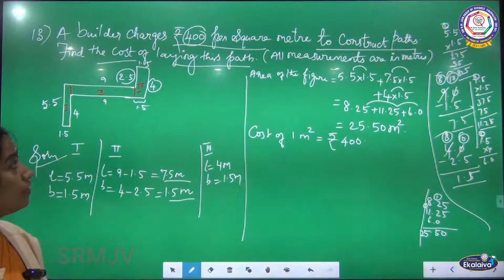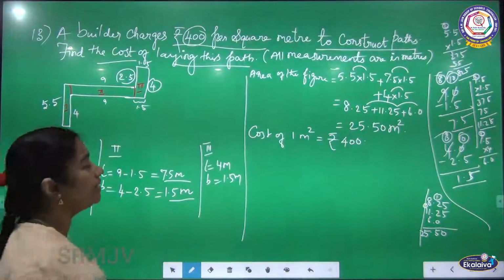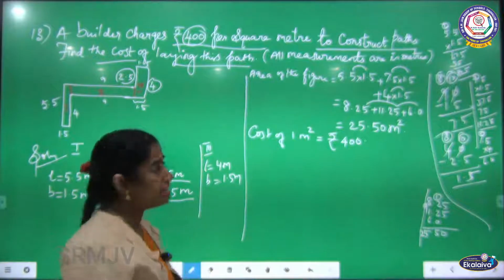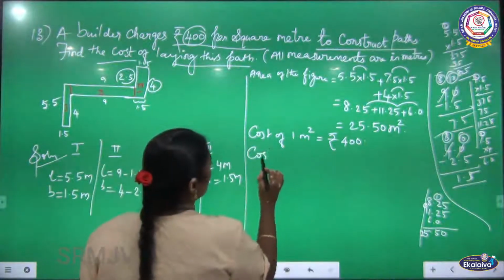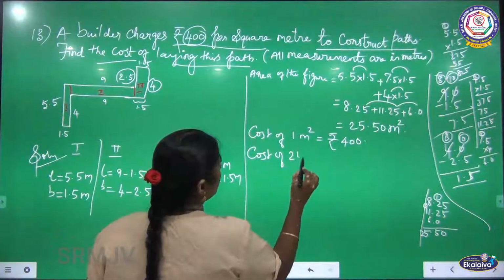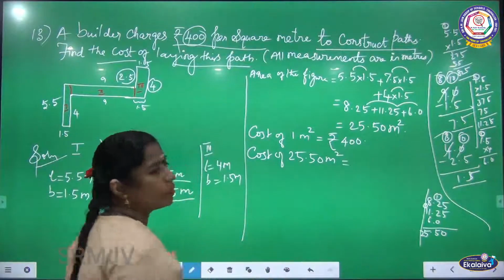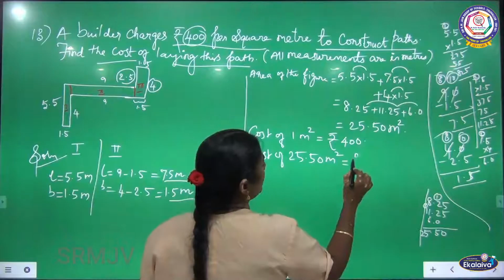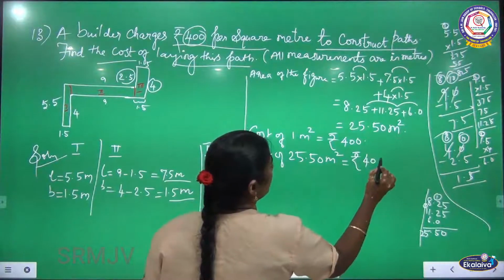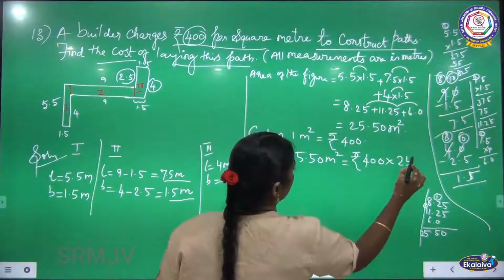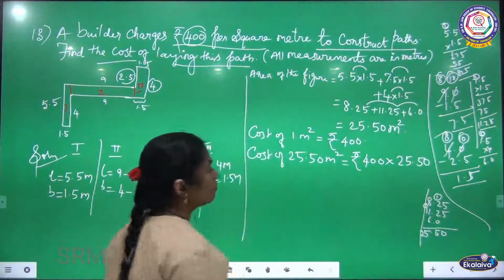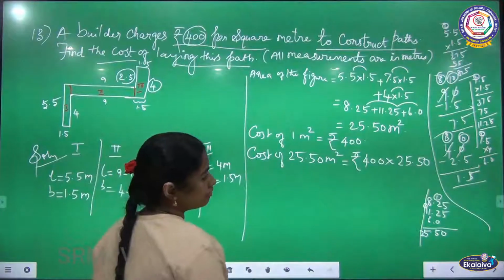The area of the figure here is 25.50. So the cost of 25.50 meter square is equal to rupees 400 into 25.50. Let us do this in the rough column.